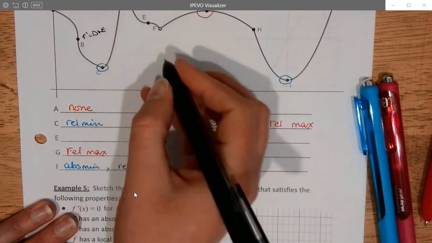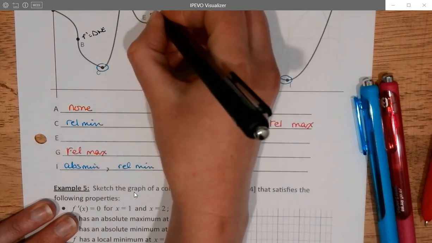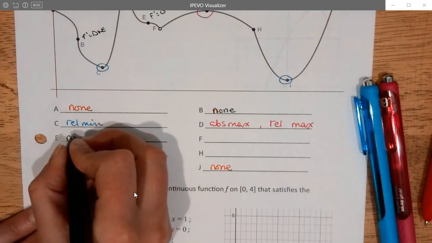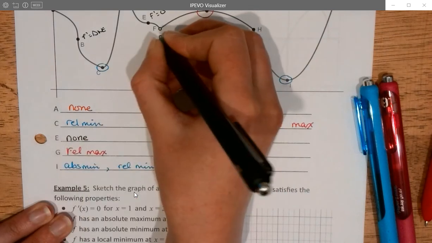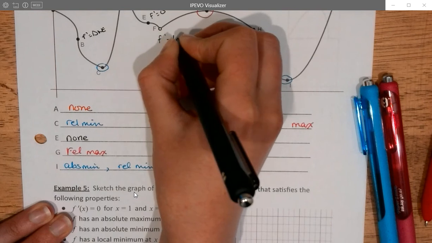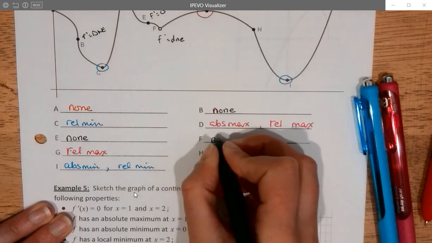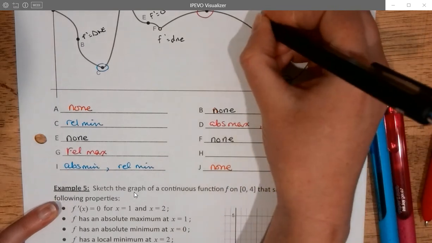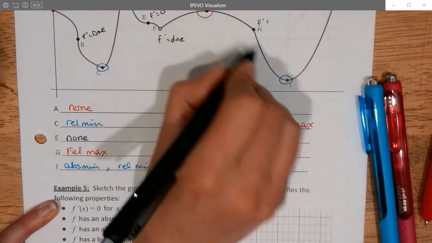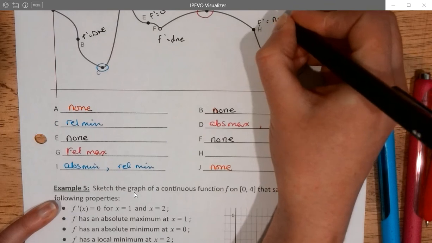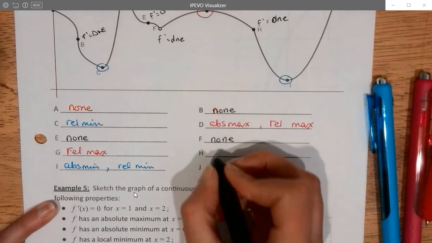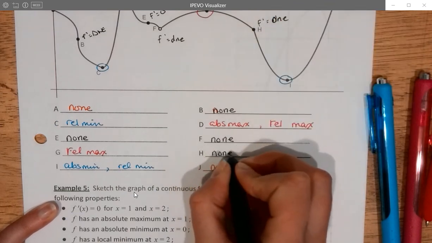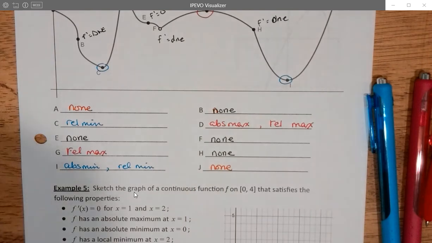E, the derivative is equal to 0 there, but it's not actually an extrema. F, the derivative doesn't exist there, but it's not actually an extrema because it's not continuous there. H, the derivative fails to exist there because the limit is approaching two different values, but even though it is a critical value, it's not actually an extrema.